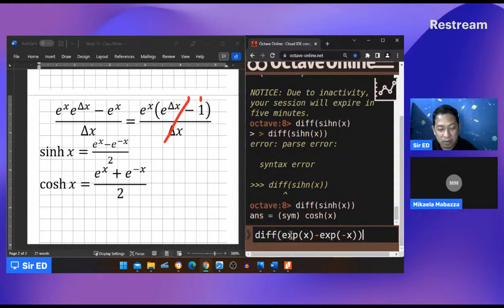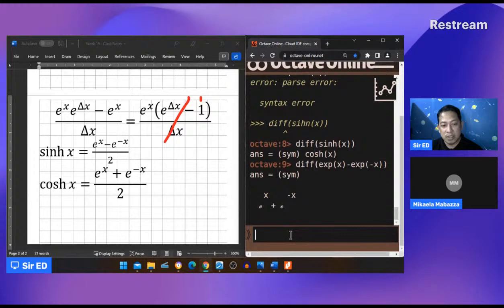Hindi ko na i-divide by 2. Supposedly. Ayan. So, wala yung over 2 dyan. Pero pag may over 2 dyan, lalabas na yan ay hyperbolic. Answer divided by 2.